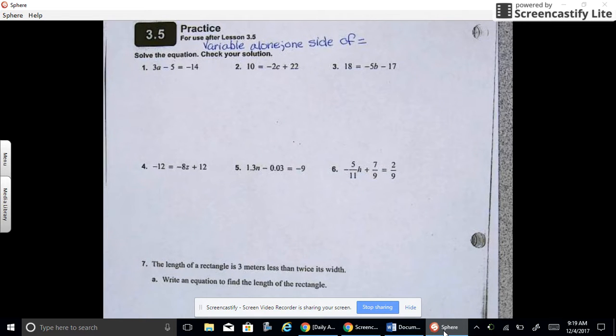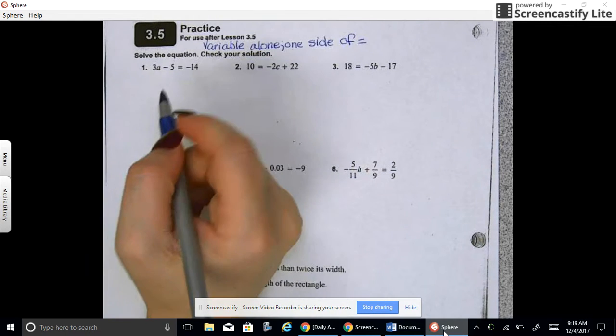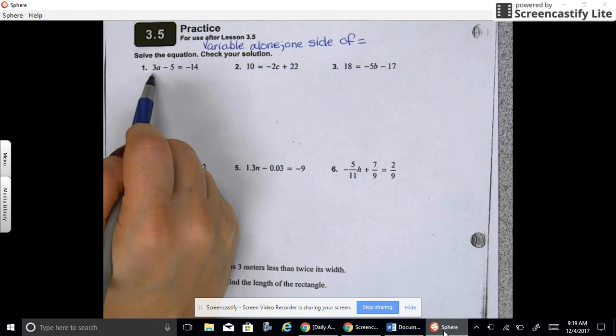What's the only letter there? A. So our goal at the end is to have A, an equal sign, and then a number on the other side. So the way that happens is we have to move things from one side of the equal sign to the other. So in this problem, we're going to leave the 3A for last, right? Because we need the letter at the end.